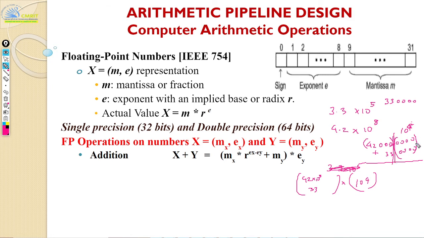You take that as common, so it becomes 42,000 plus 33. Then you have your sum, 42,033 into 10 power 4. So that's how you do floating point addition. Clear? Any questions on this, guys?